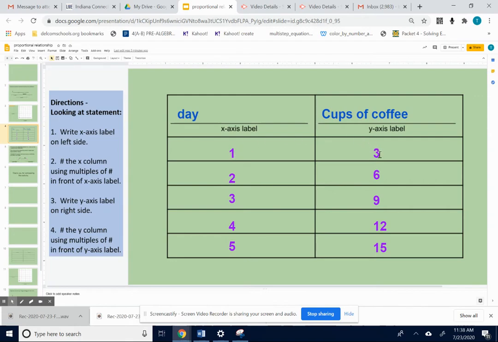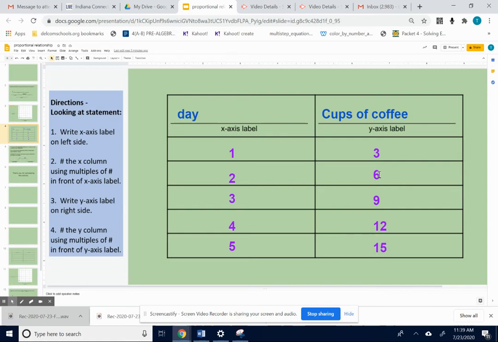So 3 is equal to what number times 1? 6 is equal to what number times 2? Okay, 15 is equal to what number times 5? Do you see the pattern? I just skipped a couple to save time.